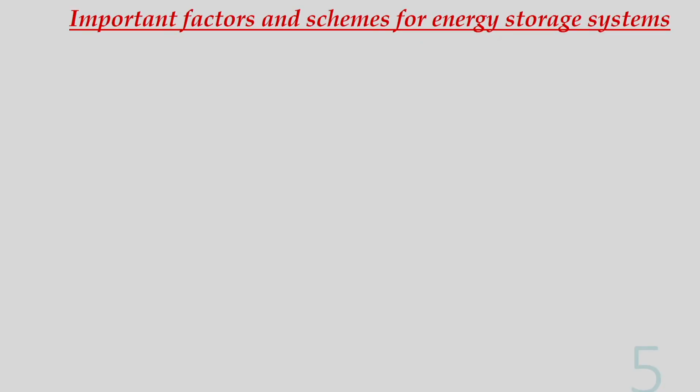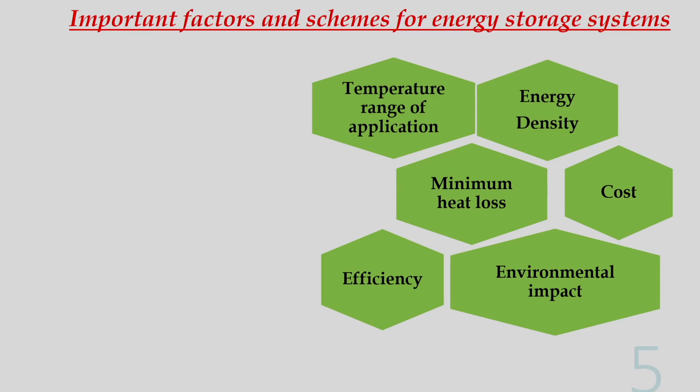Now let us pay attention to the different schemes and the different factors which influence the energy storage system. The factors which influence the performance of an energy storage system are temperature range of application, energy density, minimum heat loss, cost, efficiency, and environmental impact.